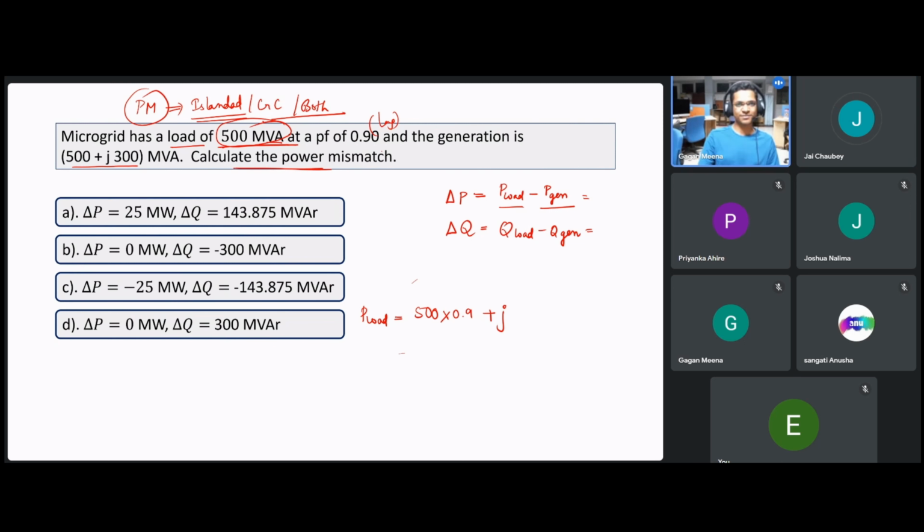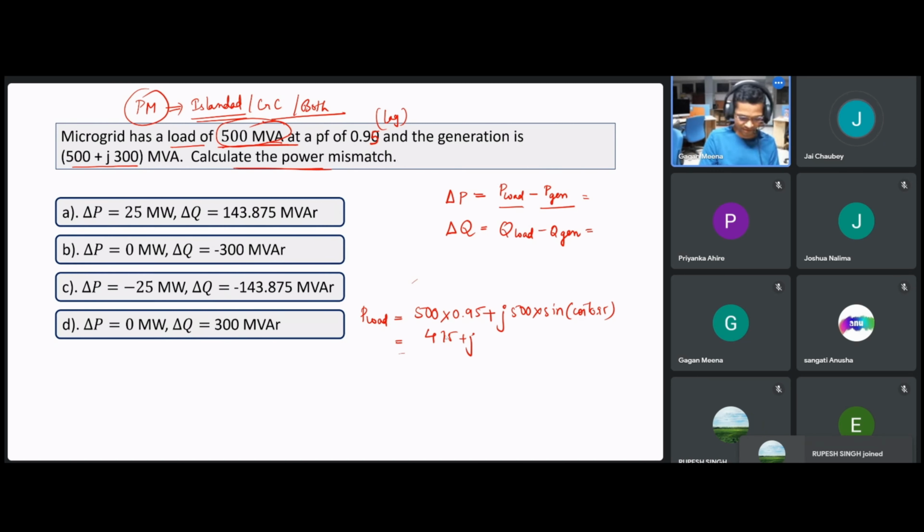These options are given for 0.95 power factor, so let us make this 0.95. And this will be 500 into sine of cos inverse 0.95. So this will be 475 plus j156.